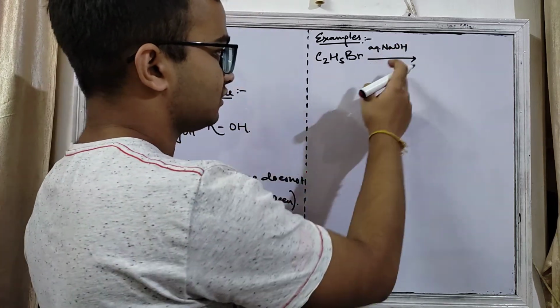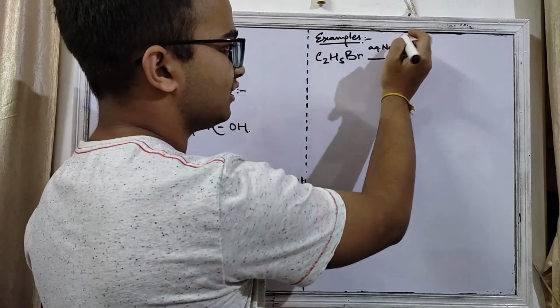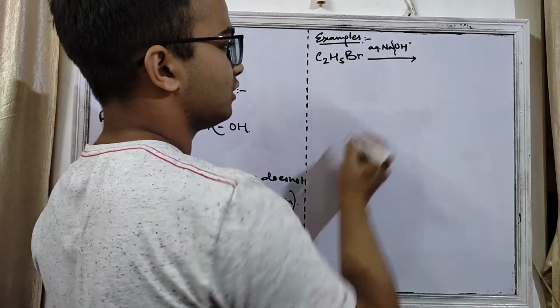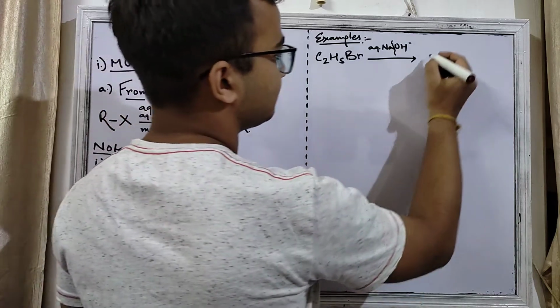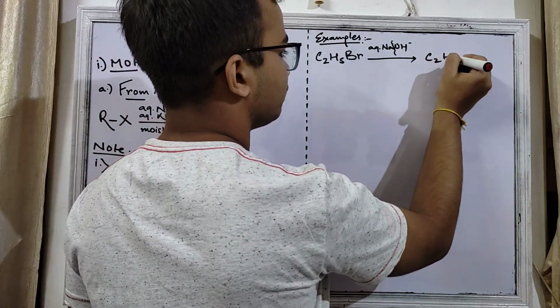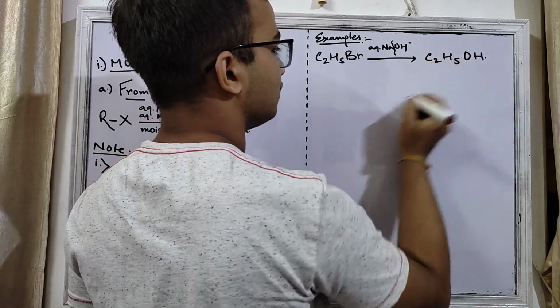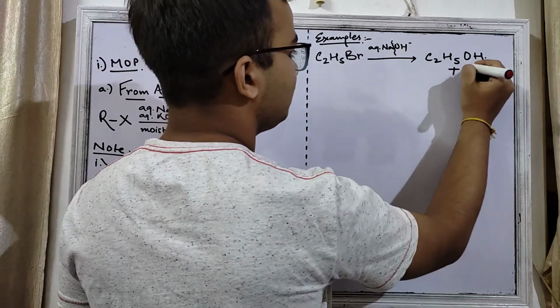So NaBr will be formed. Na is leaving, the OH nucleophile will attack over here, and as a result we will get C2H5OH, which is ethyl alcohol, and with that we will get NaBr.